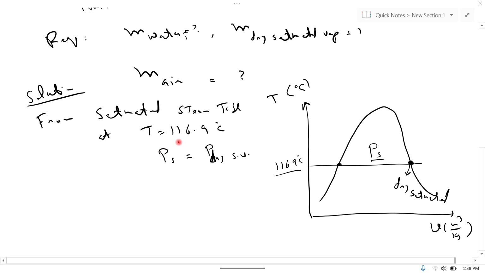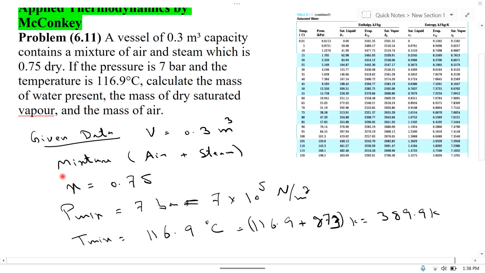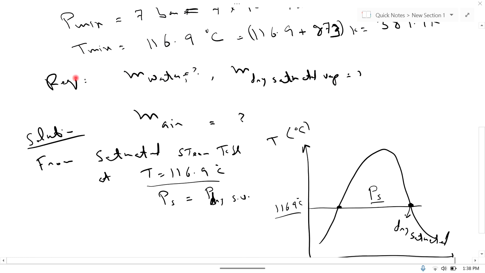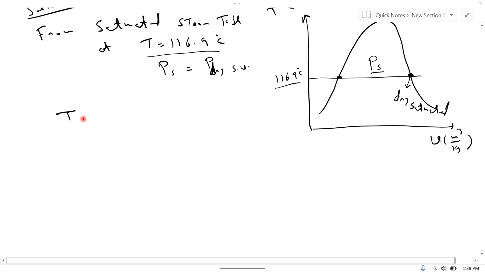If we check this temperature in the table, 116 is not available. This is the saturated table, with 115 and 120. So we will interpolate between 115 and 120 degrees centigrade. We have to find the pressure at 116.9 degrees centigrade, and the saturation pressure unit here is kilopascal. Then we will convert it into bar.